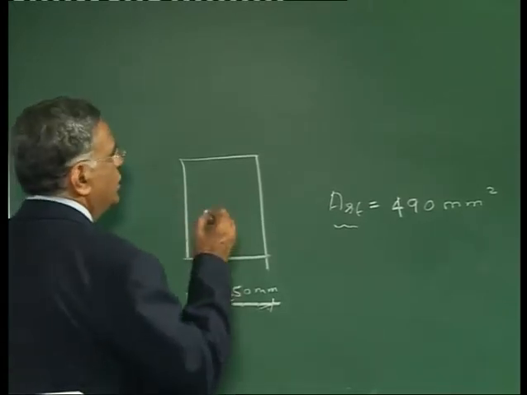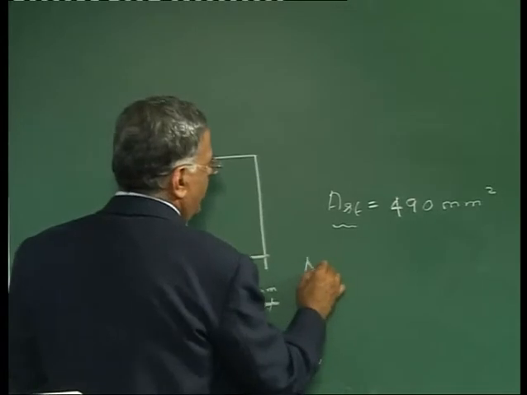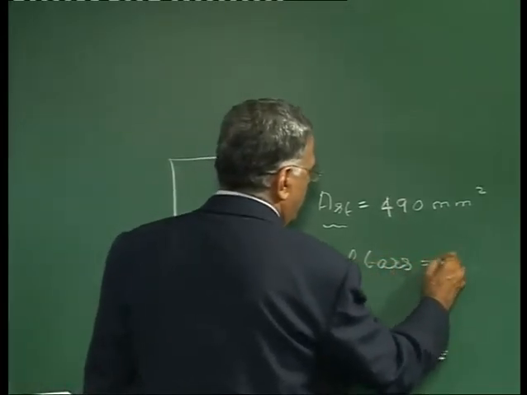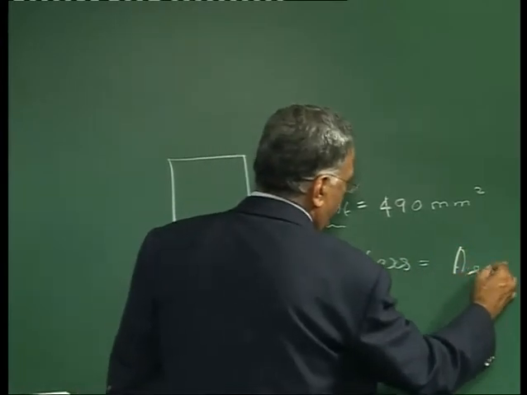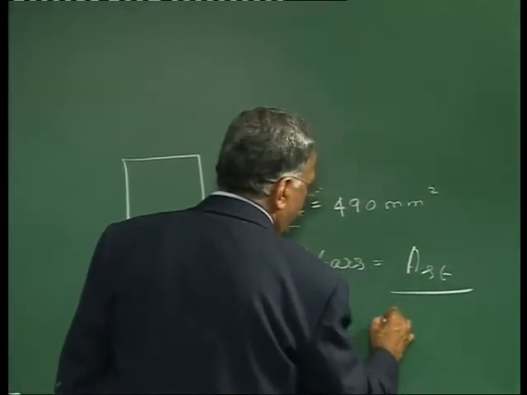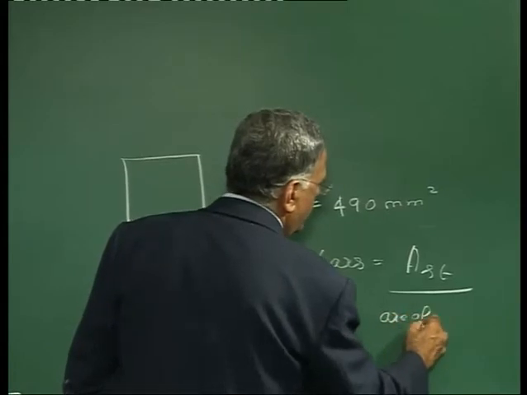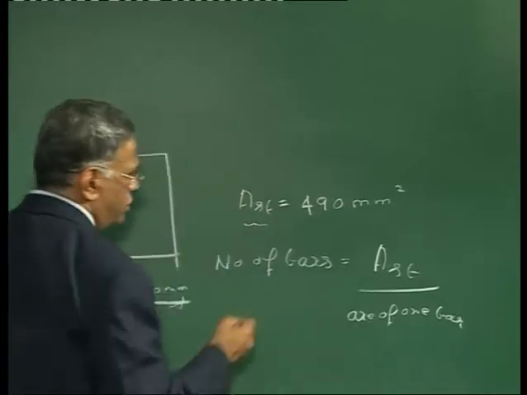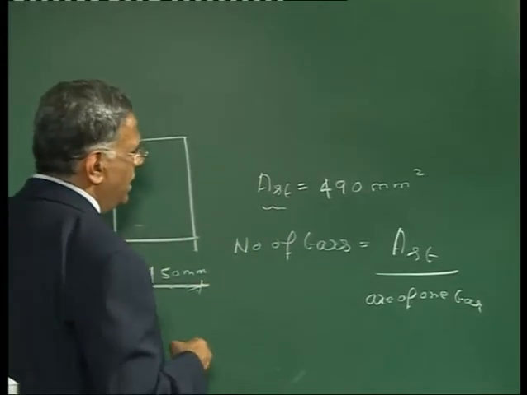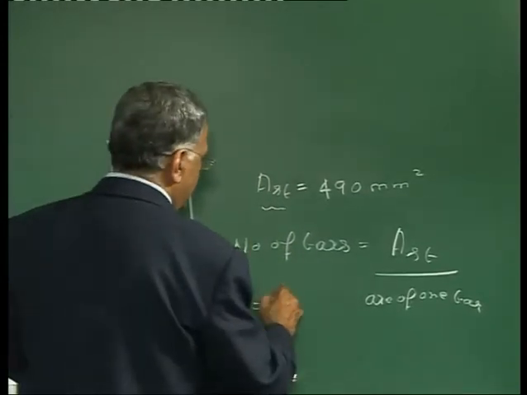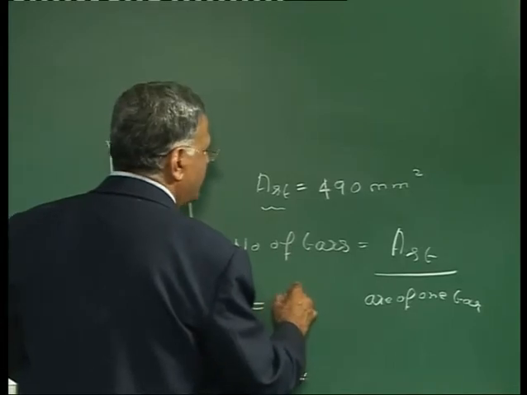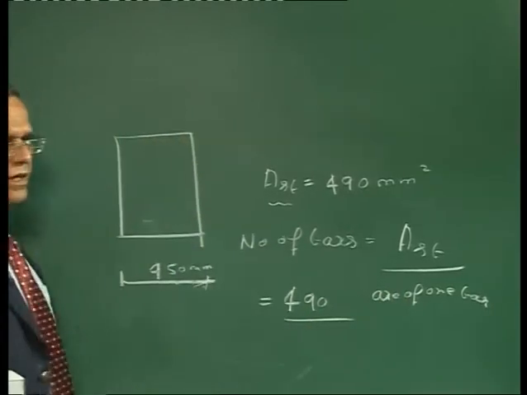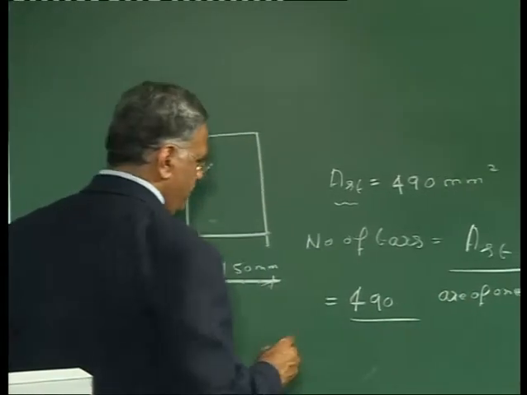Now you very well know that the number of bars required is equal to the amount of steel AST divided by the area of one bar. Whatever bar diameter you choose, you take the area of that bar and get the number of bars. In the first example, I am going to take the bar diameter as 25 mm.